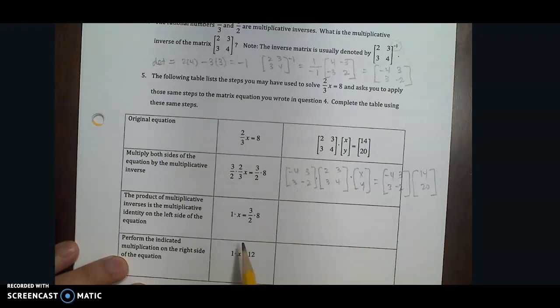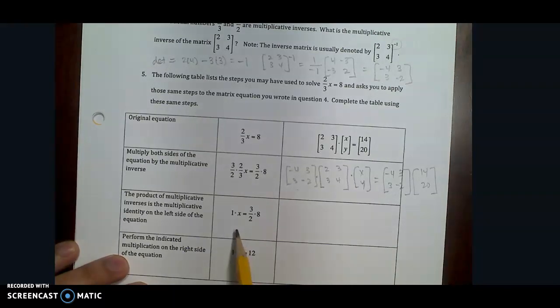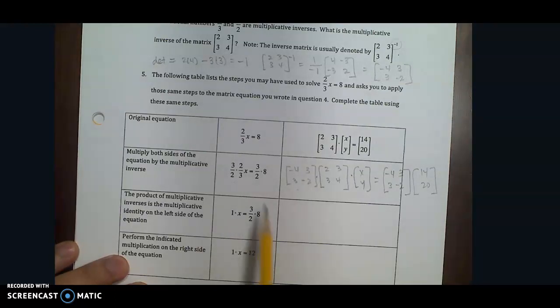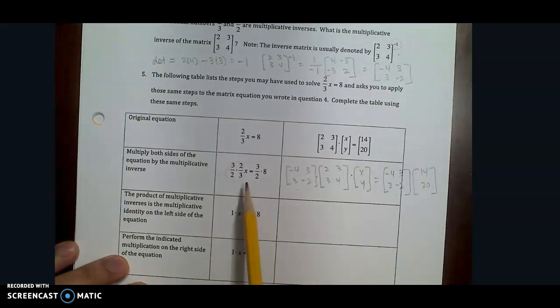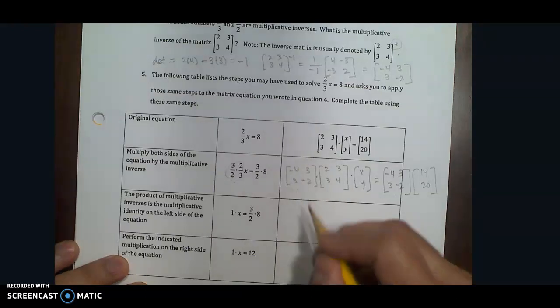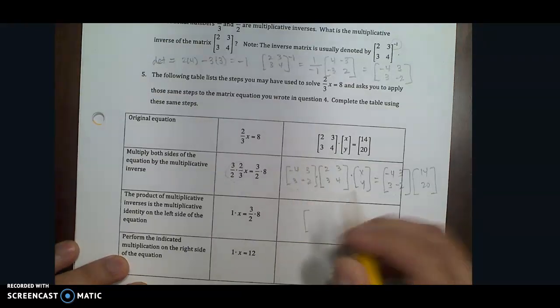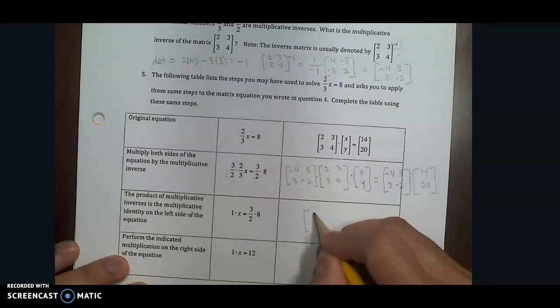That moves us on to the next part of this table. When we multiply 2/3 by its inverse, we get 1. And we saw before that when you multiply a matrix times its inverse, you get the identity matrix.